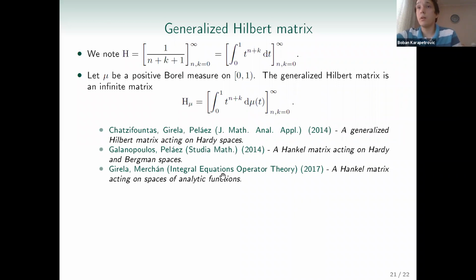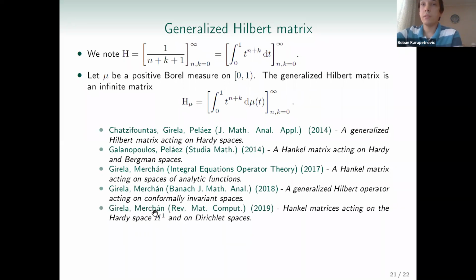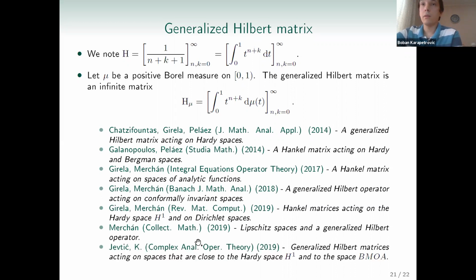Givela, Merchant, on some spaces of analytic functions. Again, Givela, Merchant, on some conformally invariant spaces. And this very nice paper from 2019, Givela, Merchant, on Hardy space H1 and Dirichlet spaces. Merchant on Lipschitz spaces, and this paper on spaces that are close to the Hardy space H1 and to the space BMOA.